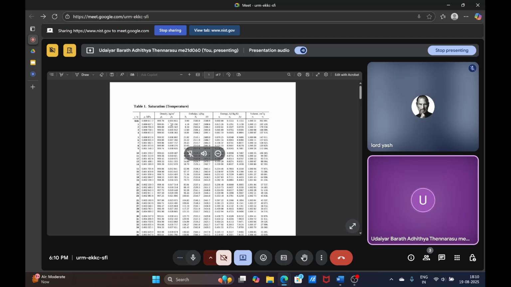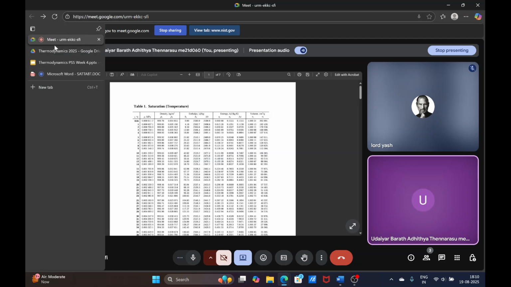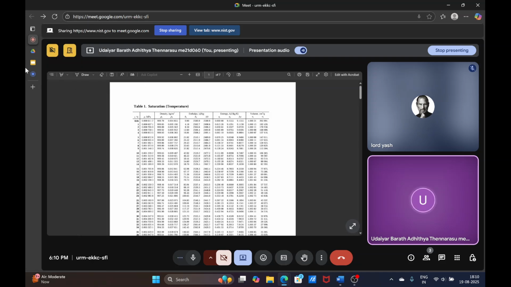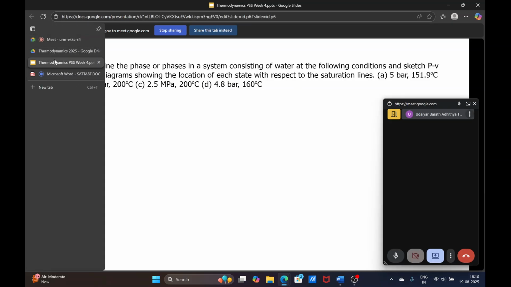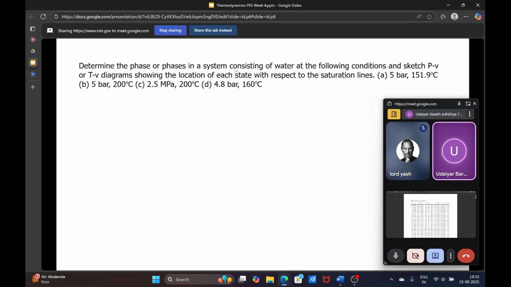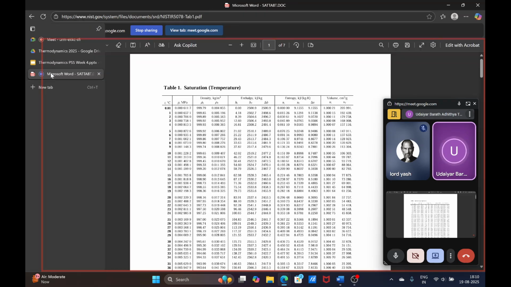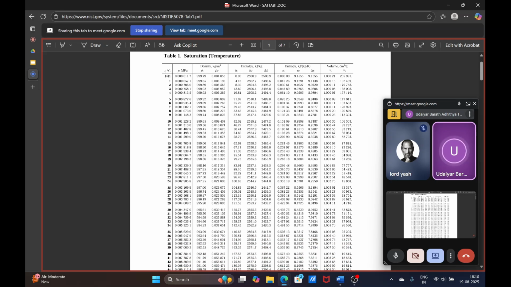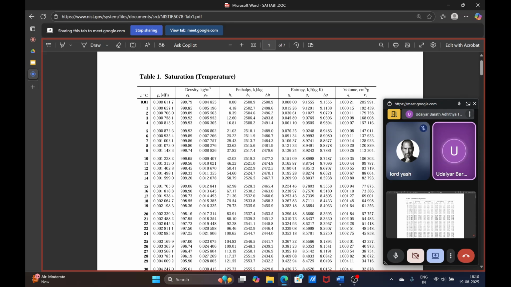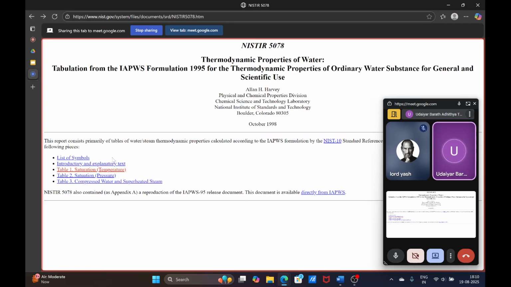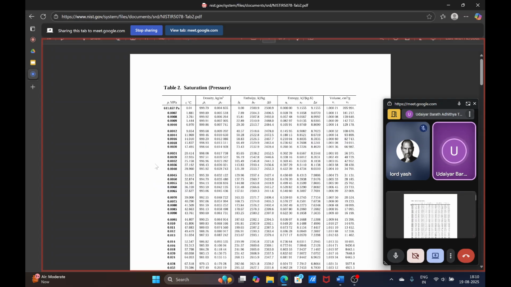This is the saturation table for water. What we have been asked is to find the state at 5 bar and 151.9 degrees Celsius. If you go to the table, saturation temperature of water, this is given in temperature, and you will also find it in pressures as well. So you want to put it in pressure, so saturation temperature in terms of pressure.